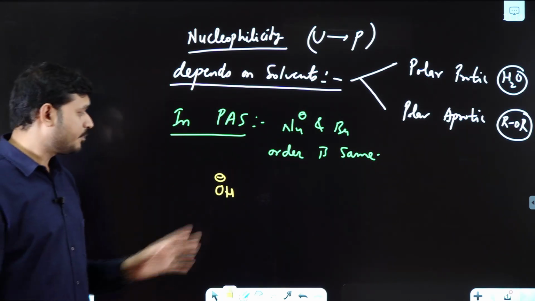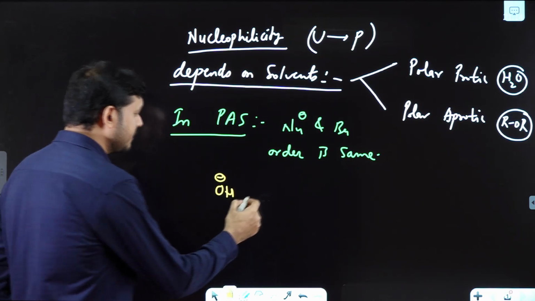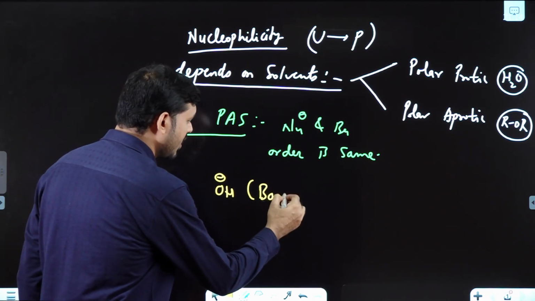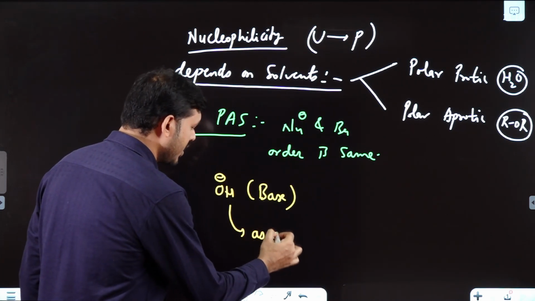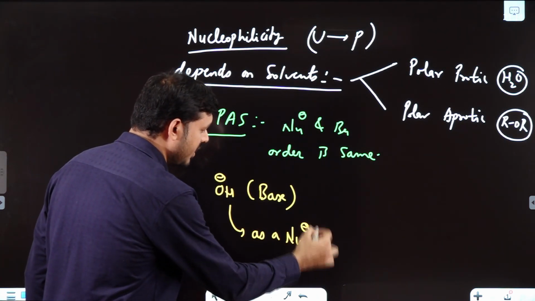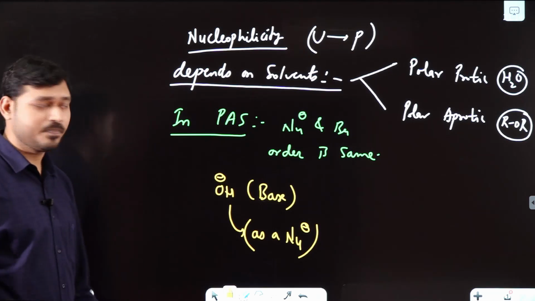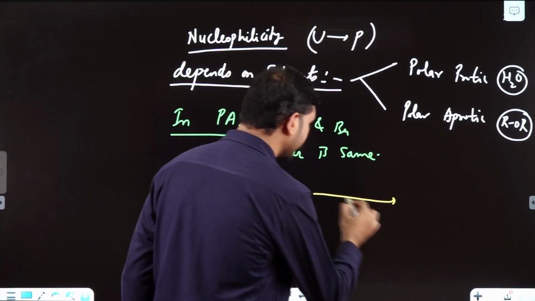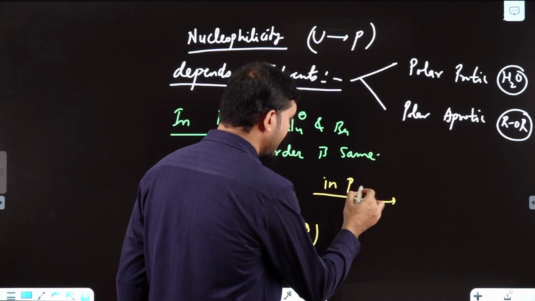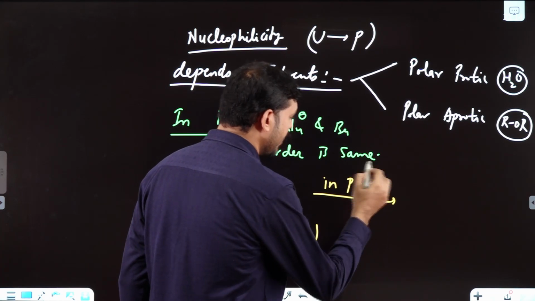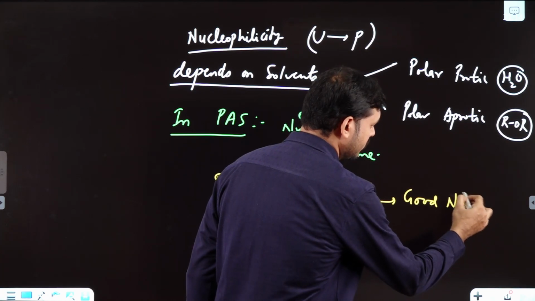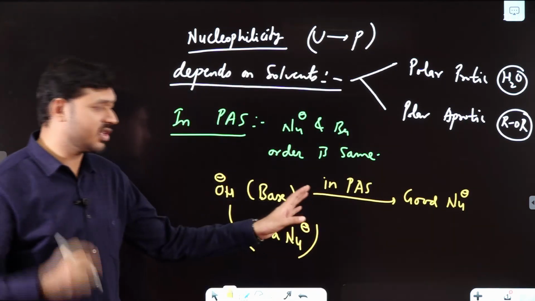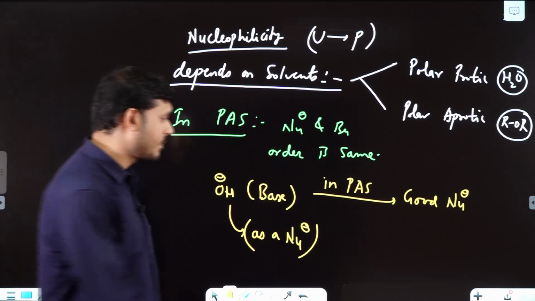Now OH minus as a nucleophile, if I say, in polar aprotic solvent it is a good nucleophile.